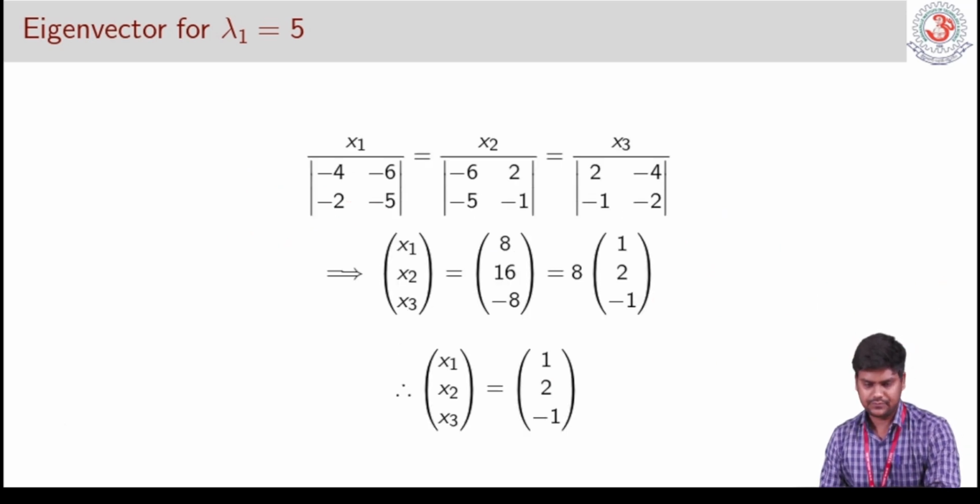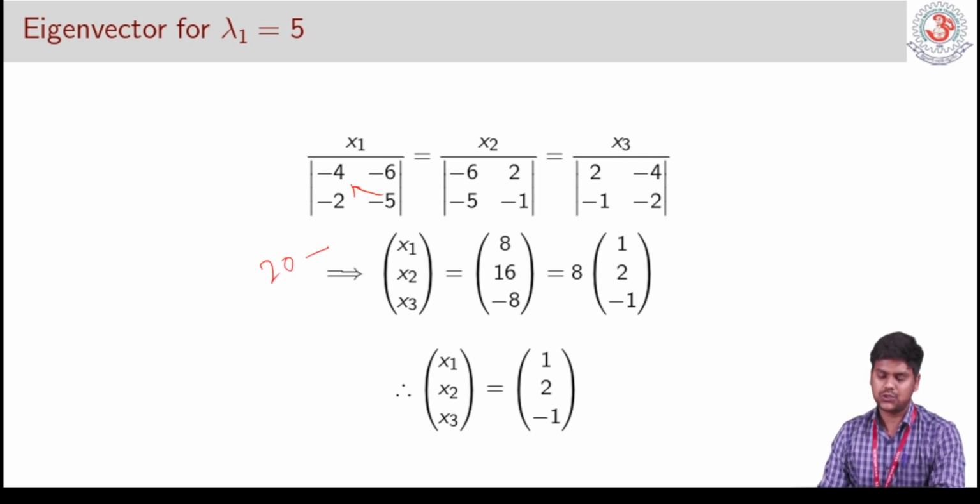See here, they took the second and third equations, so they get these values. Consider this one. To find the x1 value, take the determinant of this matrix: product of the main diagonal minus product of the opposite diagonal. Minus 4 into minus 5 is plus 20, minus of minus 2 into minus 6, that is plus 12, so 20 minus 12 is 8.